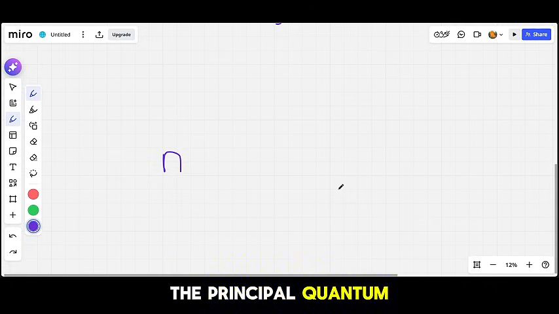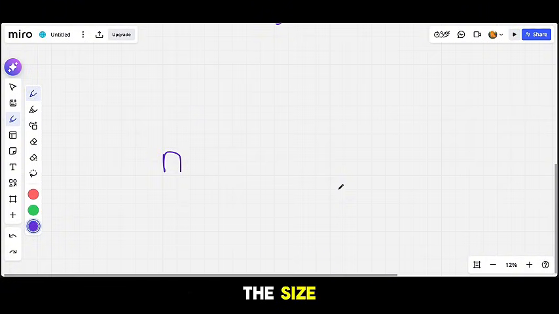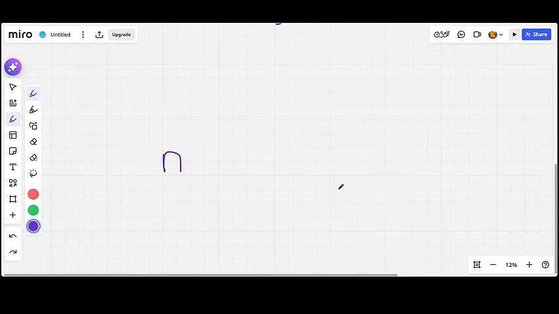So what is the principal quantum number? The principal quantum number basically describes the size and the energy levels of a specific electron orbit, or where the electron is found.